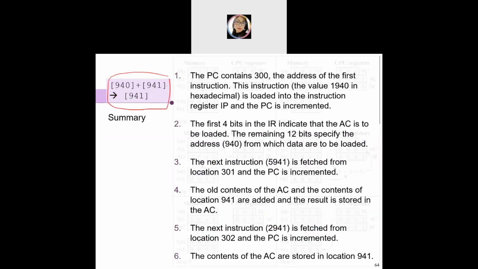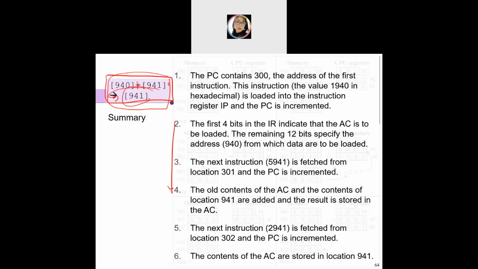So in this question, it's not a clear instruction. It just gives you the simple code here. But you can see it's only additions, and after additions, you're going to stop and store into 940. So this is the summary, which is step by step what you're going to do.